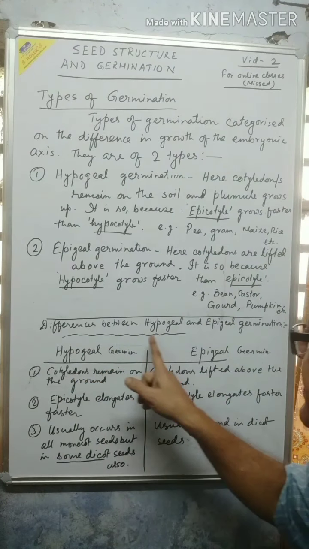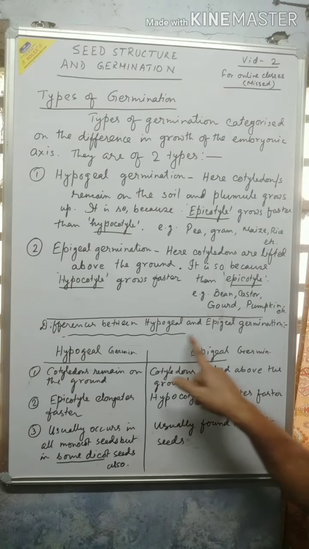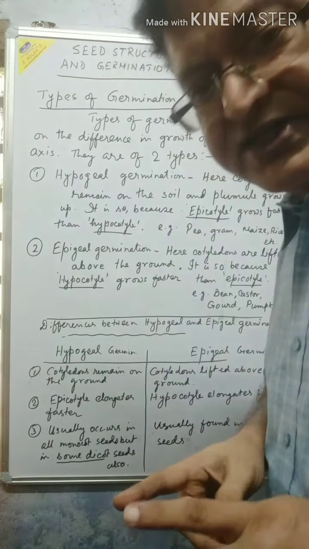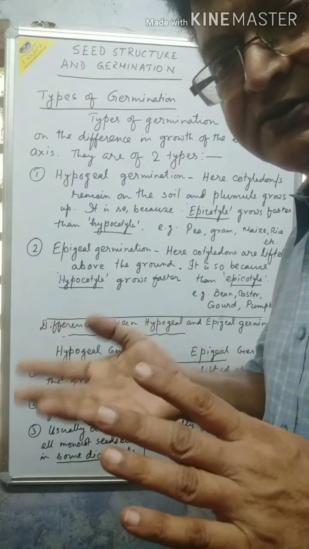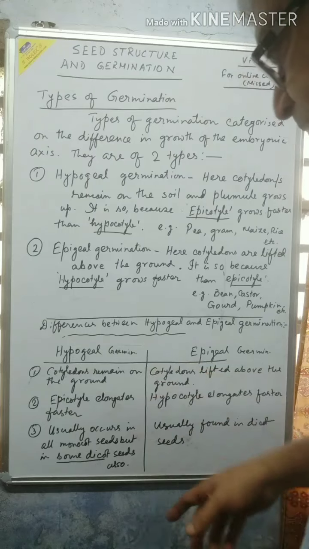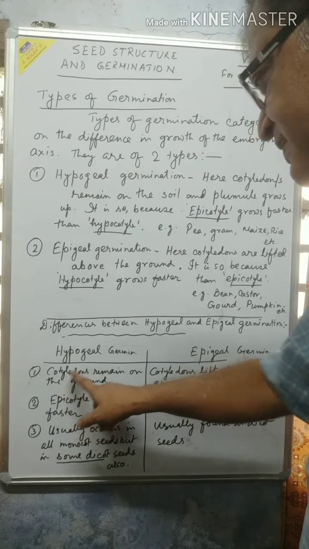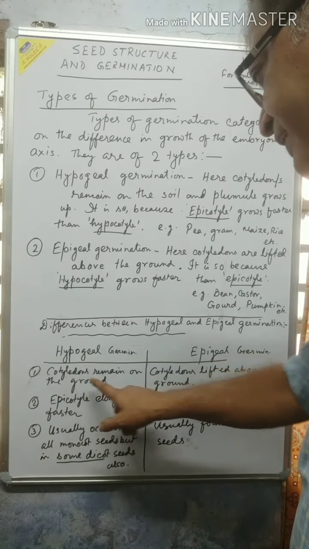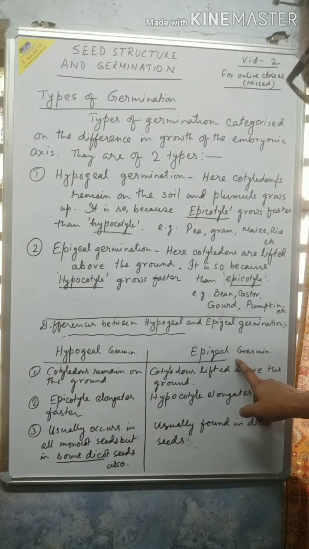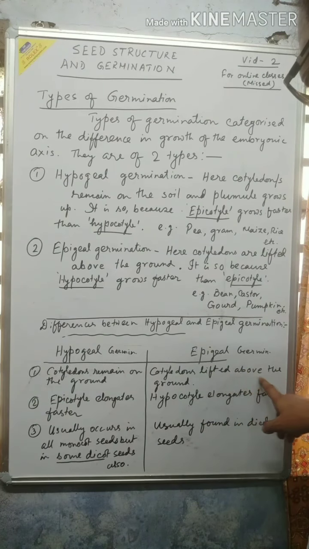Differences between hypogeal and epigeal germination. Always when you differentiate any two structures or processes, do it in the form of a column. First point: in hypogeal germination, the cotyledons remain on the ground, and in epigeal germination, the cotyledons are lifted above the ground.